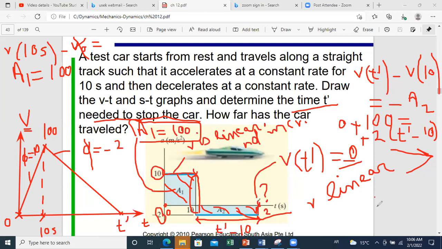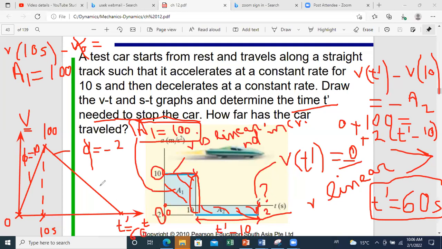So I deduce that t prime in total is equal to 60 seconds. So I was able graphically to determine the total time t prime needed to stop my car. Now I can annotate on my graph that this is equal to 60 seconds.